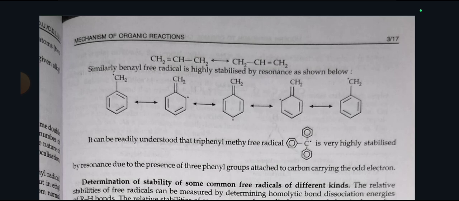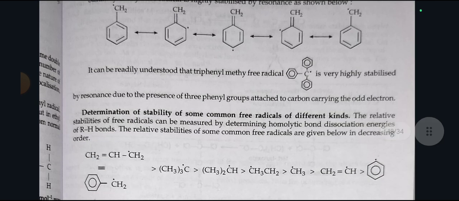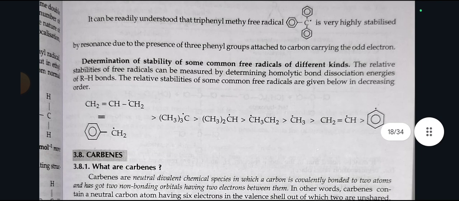Similarly, benzyl free radical is highly stabilized by resonance. It can be readily understood that triphenyl methyl free radical, C(C6H5)3 dot, is very highly stabilized by resonance due to the presence of three phenyl groups attached to the carbon carrying the odd electron.